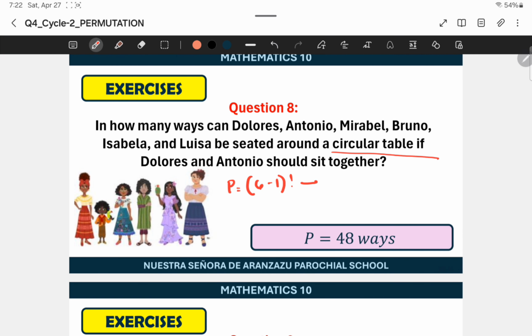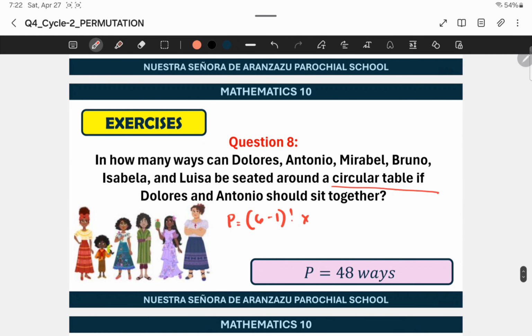Wala pa pala dito yung hindi magkatabi. Ang sabi dyan, they have to be seated around the circular table but Dolores and Antonio should sit together. Tama naman. So, 6 minus 1 factorial.